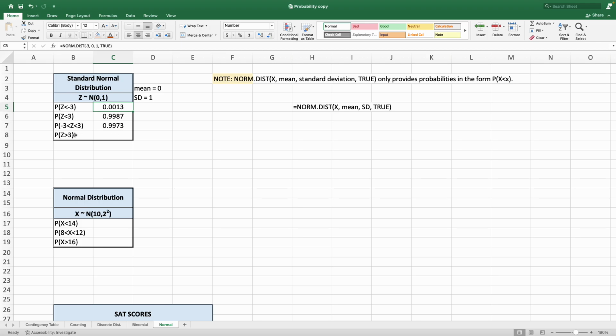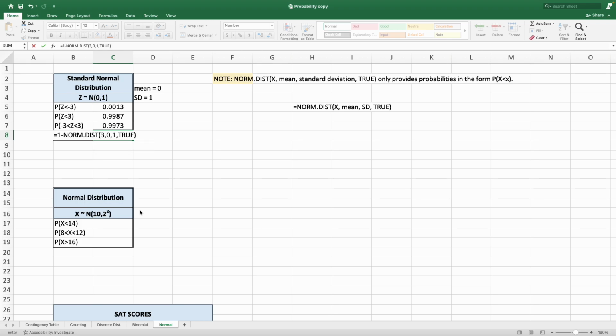And then let's say we want z bigger than 3. Well, if this function is only going to give us probabilities in the form of x less than some value, then if we want greater than, we could just do 1 minus that value. So what if we do equals 1 minus norm.dist, positive 3, comma, 0, comma, 1, comma, true.